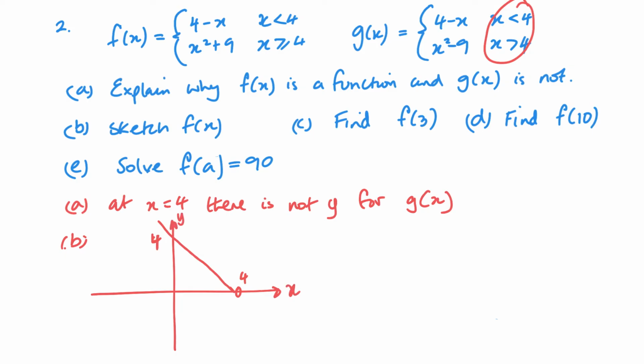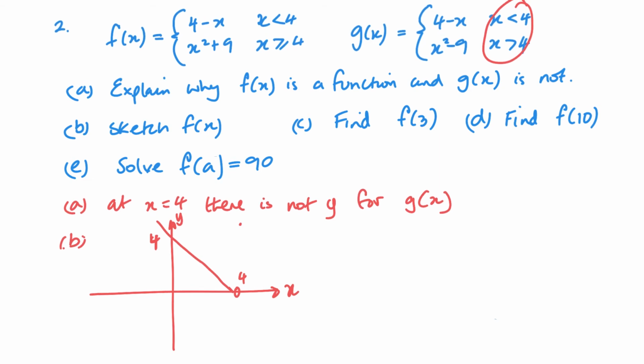What's happening after that? As x is greater than or equal to 4, we've got the x squared plus 9 graph. Look at what happens. When x is 4, you get 16 plus 9, which is 25. I can't really fit it in, but I'm just going to put it here.